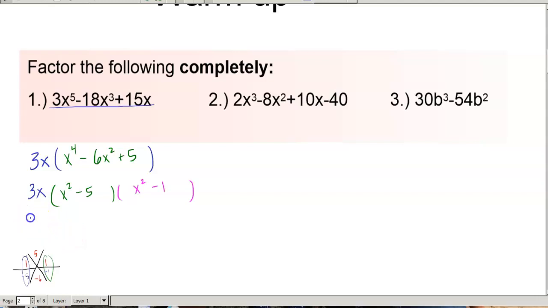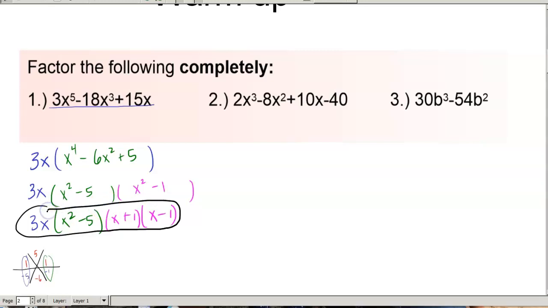So without going into detail there, this would stay as x squared minus 5, but this part would become x plus 1 and x minus 1, and this would be the complete factoring of number 1.